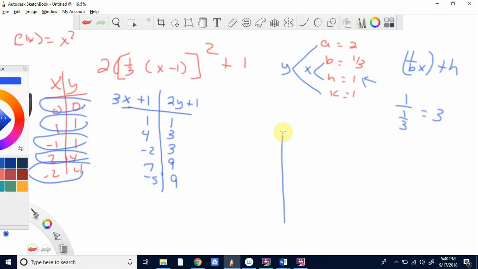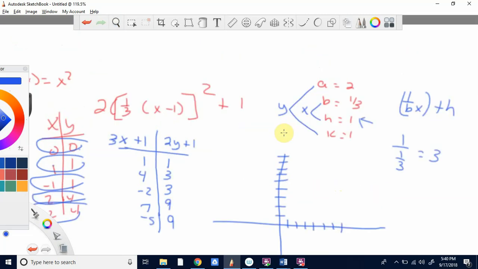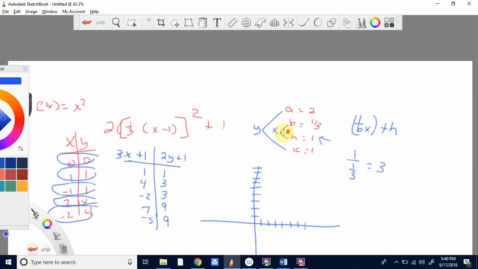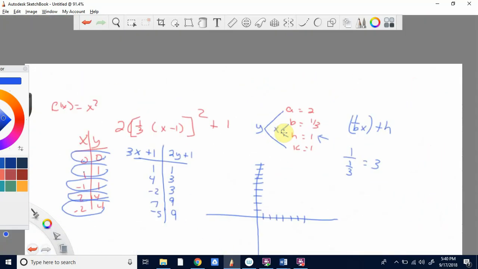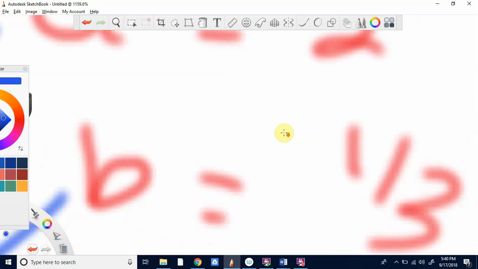So now we're going to graph. 1, 2, 3, 4, 5, 6, 7. 1, 2, 3, 4, 5, 6, 7, 8, 9. Oops, I don't know what I did. Whoops.